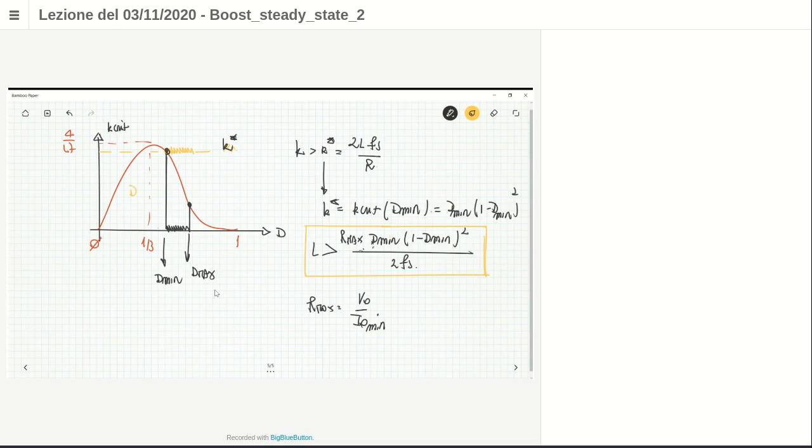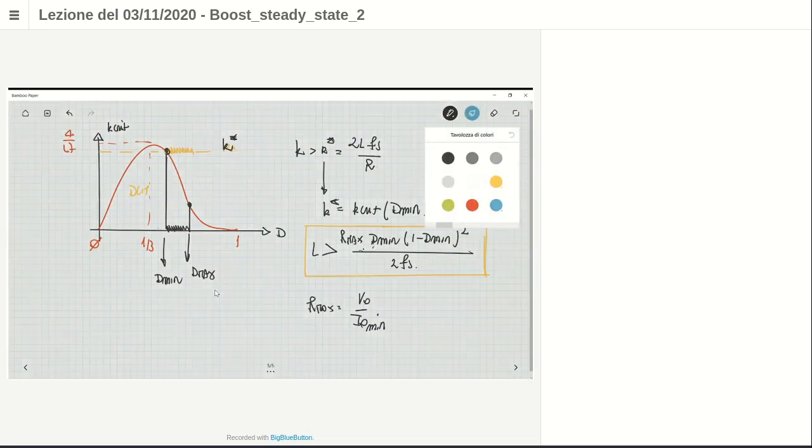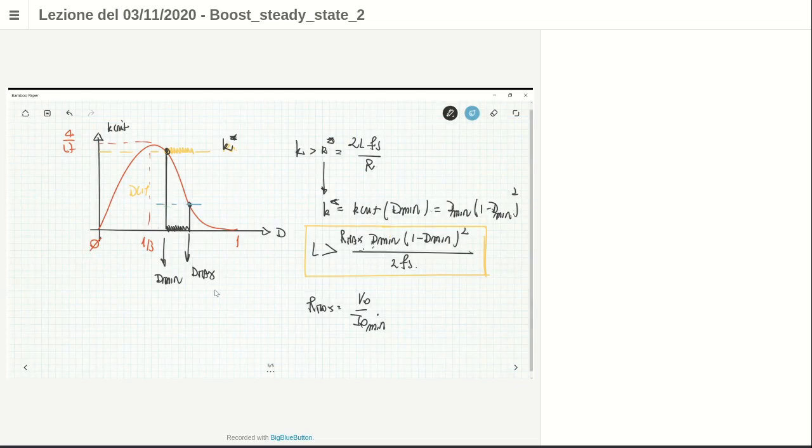Of course, if you want to operate in DCM, which is what happens inside that, you consider a K star here, K2 star, which is lower than this value here. So it corresponds to the Dmax value.